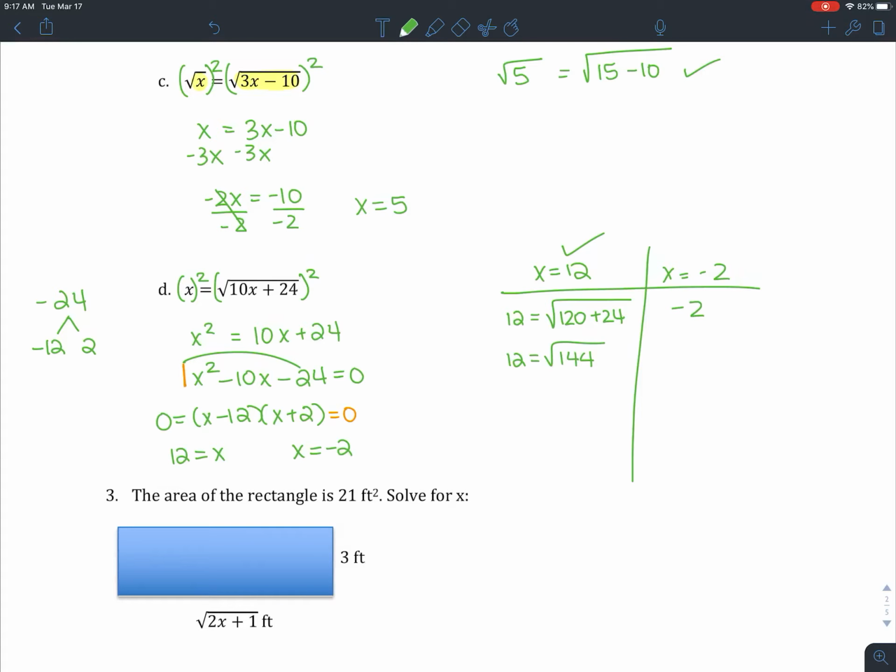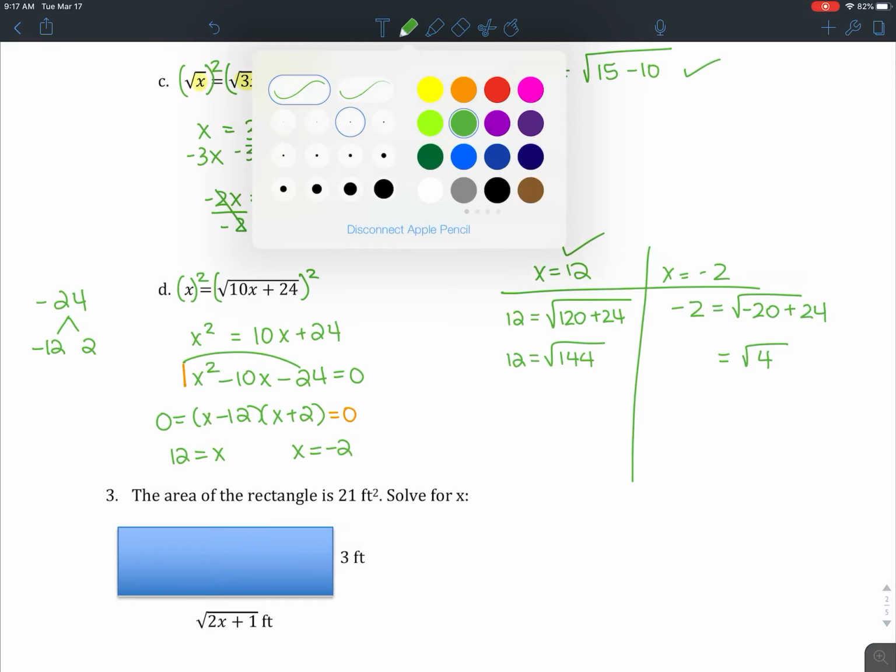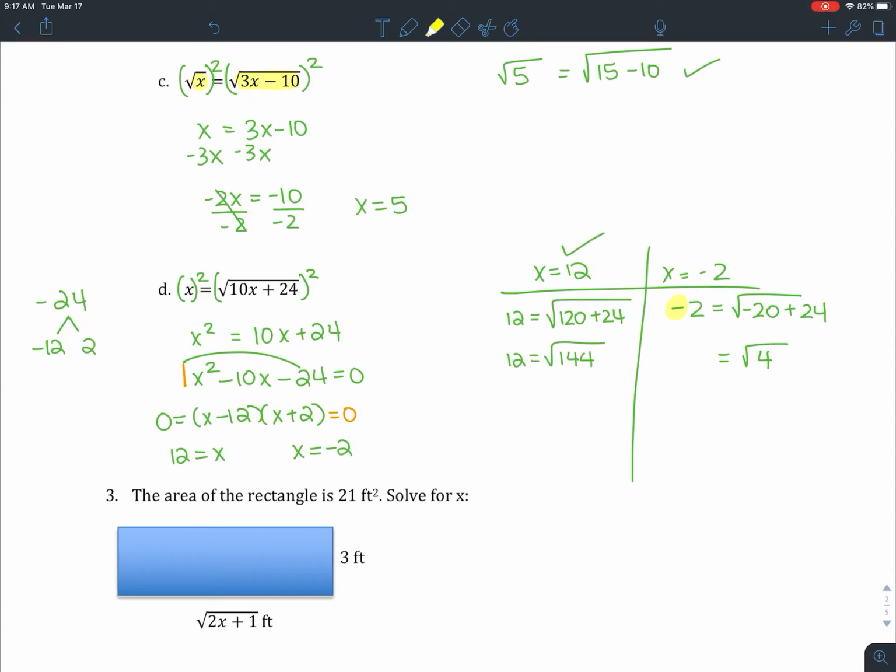How about -2 equals the square root of -20 plus 24? Now, while this does equal the square root of 4 and the square root of 4 is 2, it cannot equal a -2. So because of this, we're actually going to say nope, no solution on that one, but x can be 12 because that checked out.